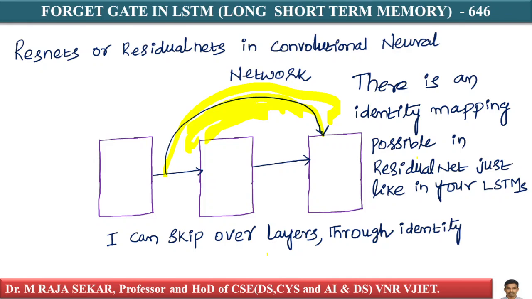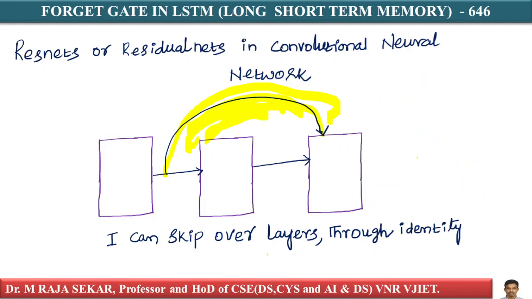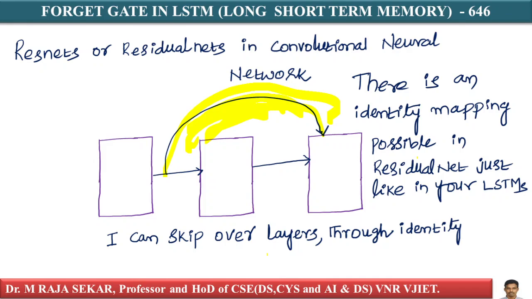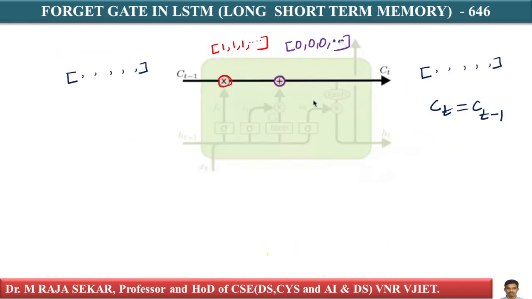But I saw that there is an identity mapping possible in ResNets, like in your LSTMs. I request you to go through what we discussed in ResNets. We discussed those ResNets as a part of convolutional neural networks long back, isn't it?